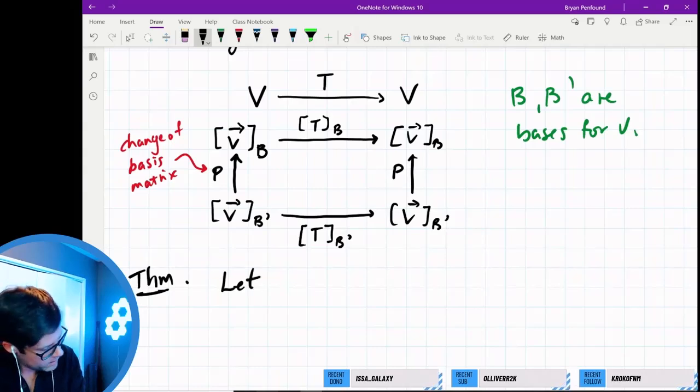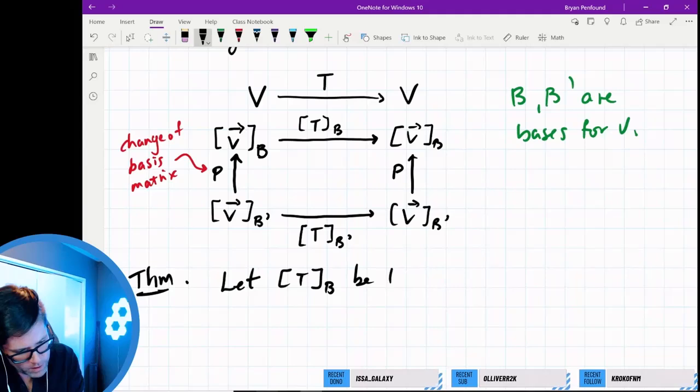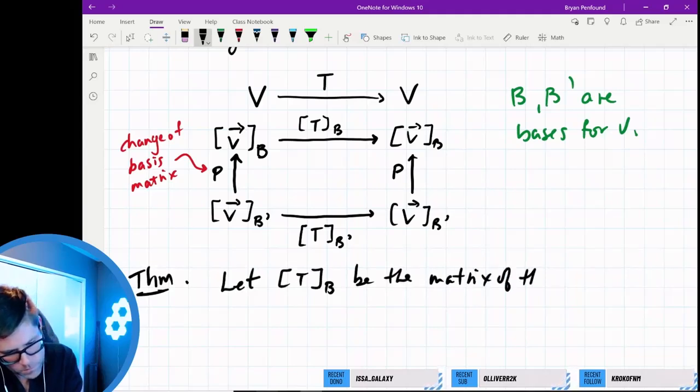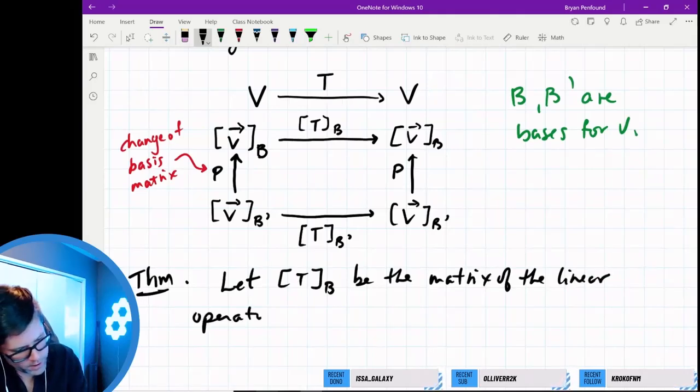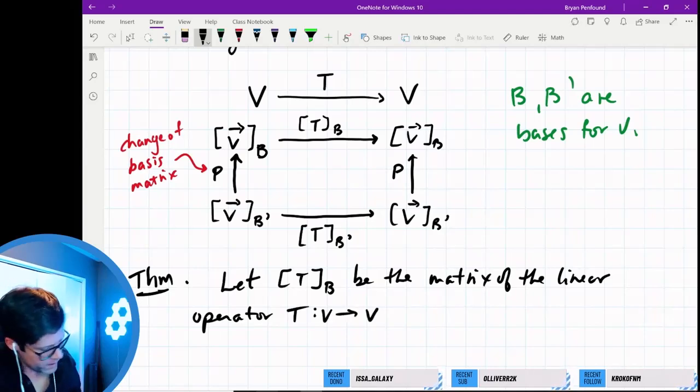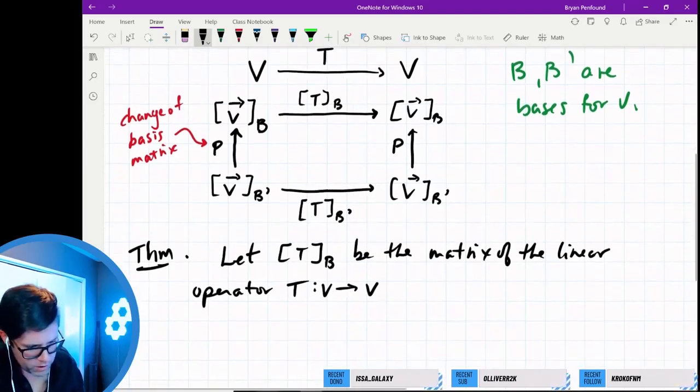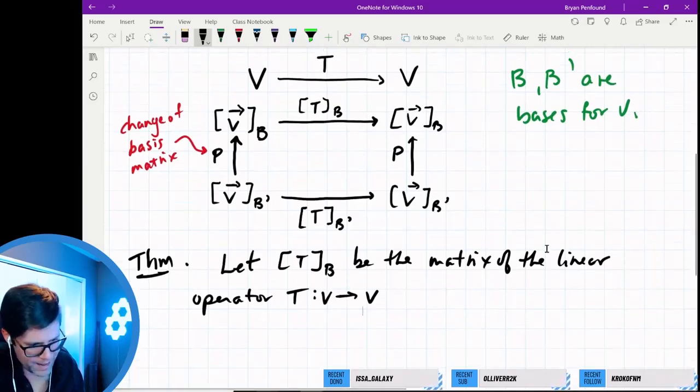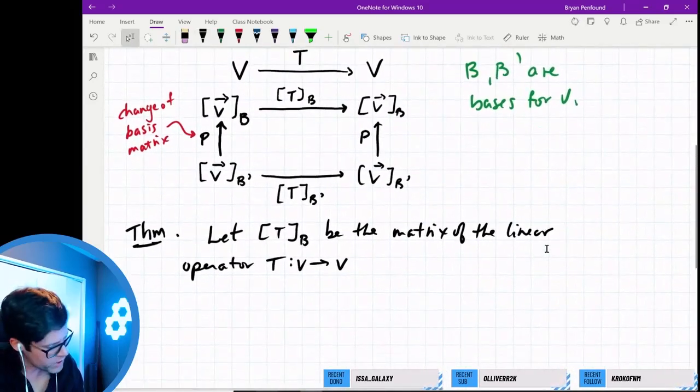So let T with respect to B be the matrix of our linear operator from V to V. And again, we're assuming a finite dimensional vector space here so that we have a nice n by n matrix representation.